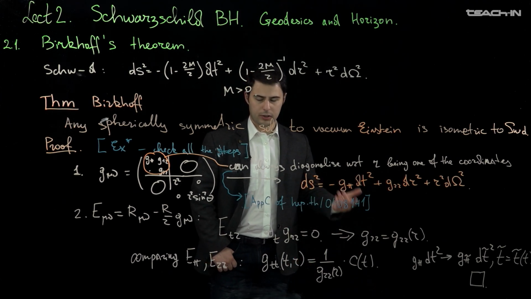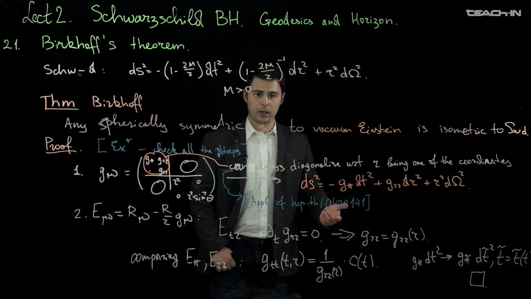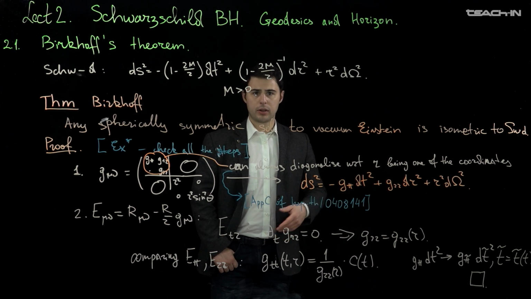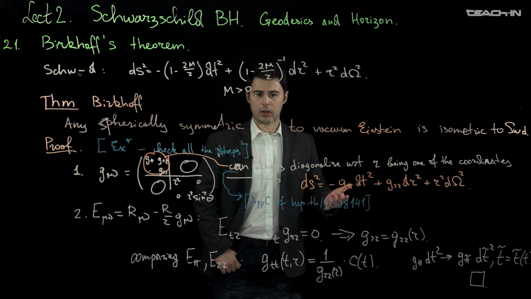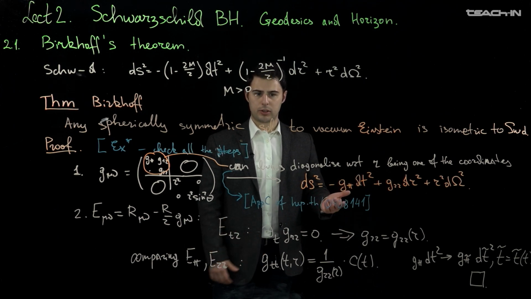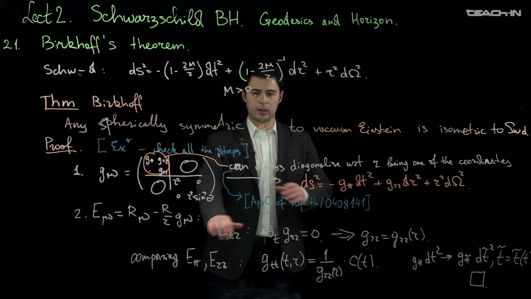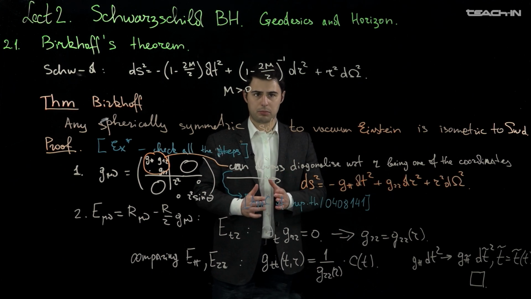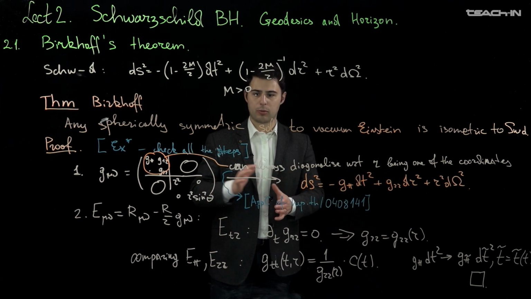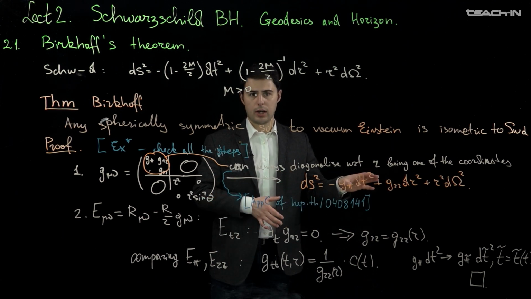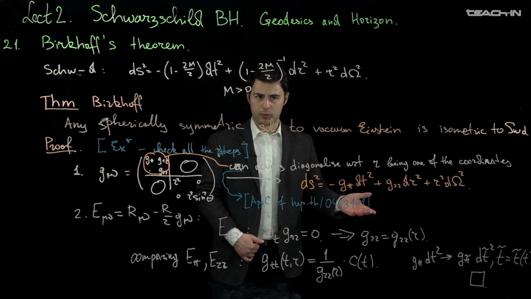Now, what does it mean in practice? In practice, we expect that the outcome of a spherical collapse of any reasonable matter would result in some compact solution, maybe some compact combination of matter, and the exterior, which is pure vacuum.